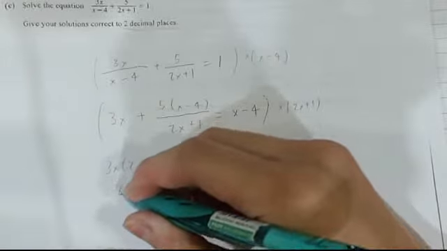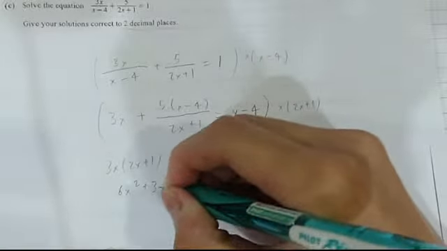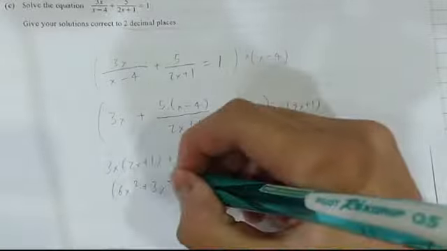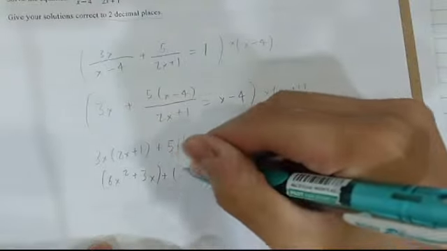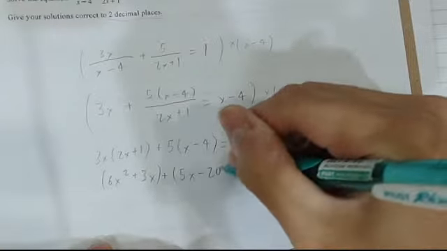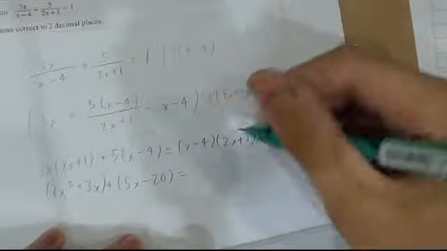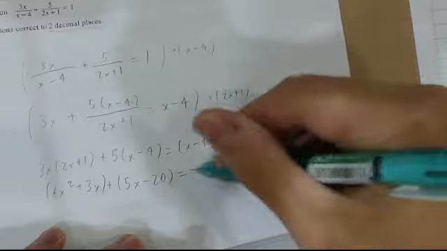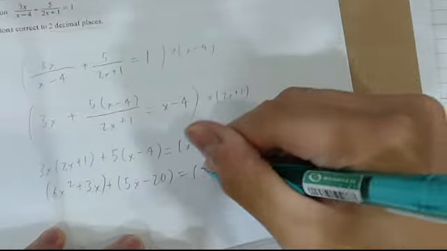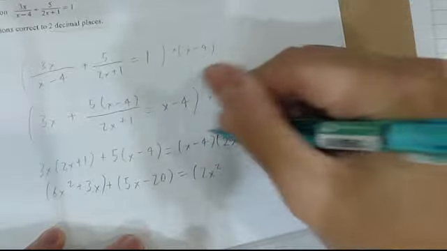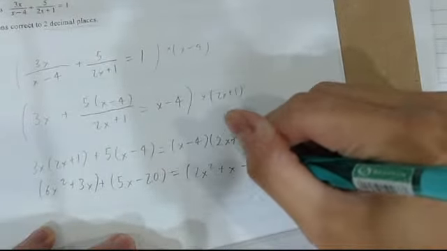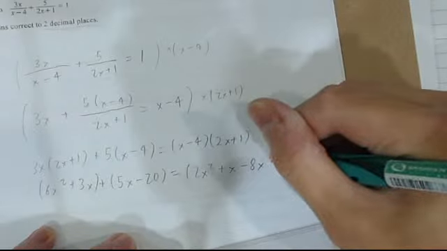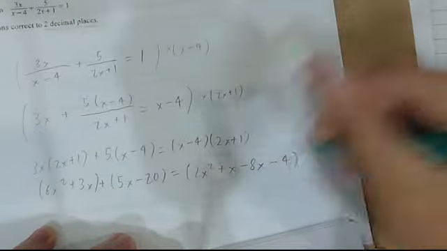This is just 6x squared plus 3x plus, I'm going to bracket this for clarity, 5x minus 20. You have to FOIL this, so that's x times 2x, that's 2x squared, x times 1, that's plus x, minus 4 times 2, that's minus 8x, minus 4 times plus 1, that's minus 4.